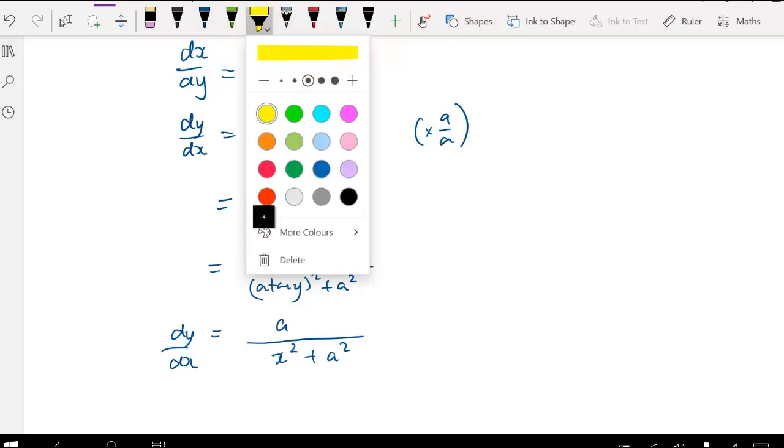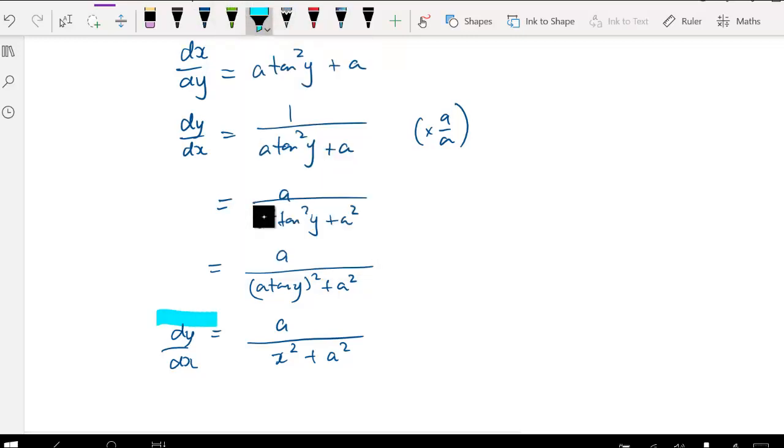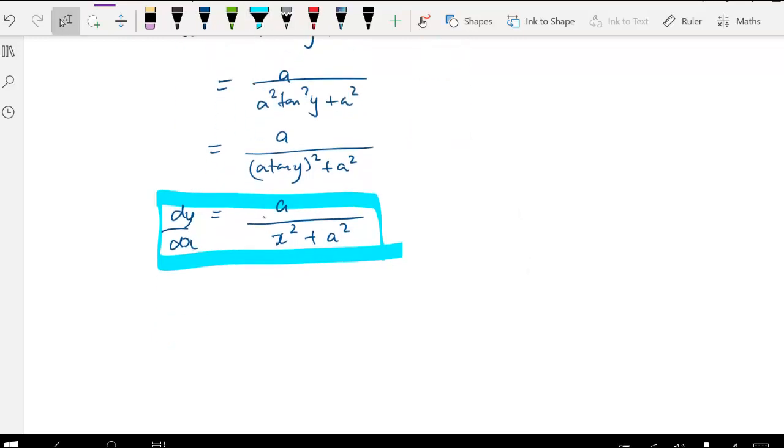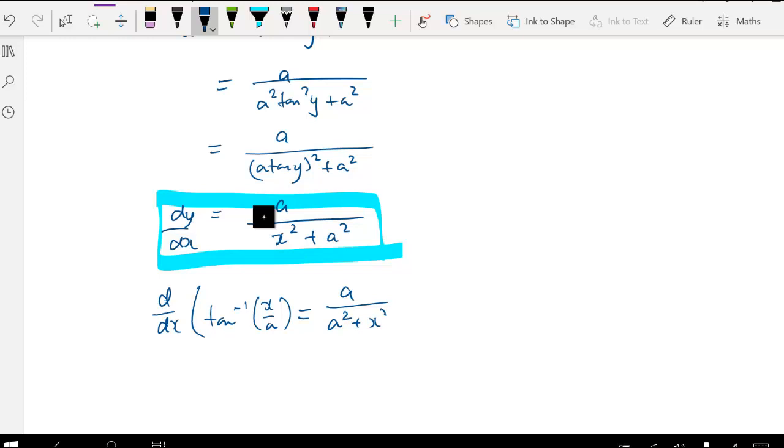So again, we've achieved what we set out to achieve. We've shown that the derivative is equivalent to the given rule. So we can say that d/dx of arctan(x/a) is equivalent to a/(a² + x²), and QED.